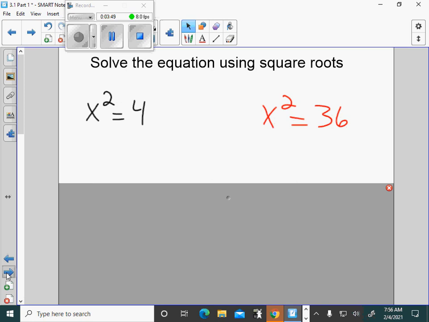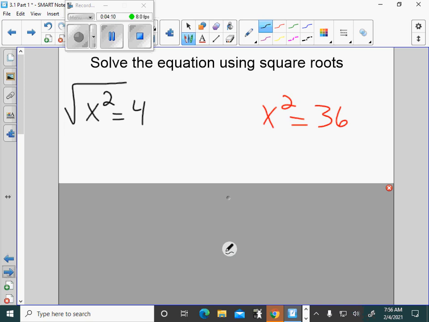Okay. Next, we're going to be solving these without graphing them. We're going to be solving these by just simply using algebra to solve for x. Okay, and this first one, how do I solve for x? Well, I have x squared equals 4. What's the opposite of something squared? It's the square root.